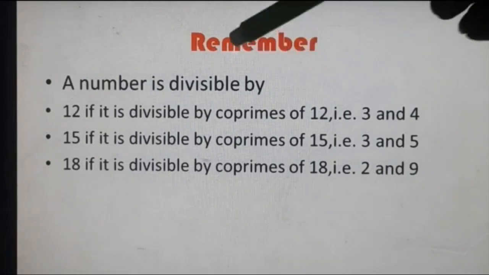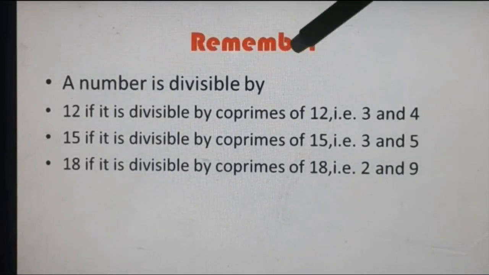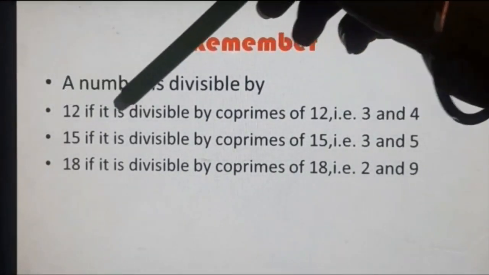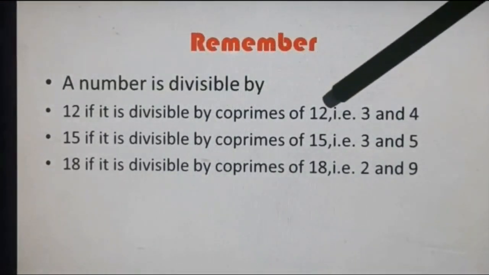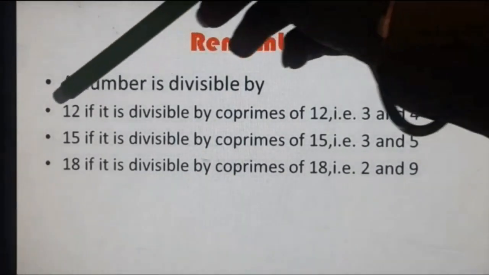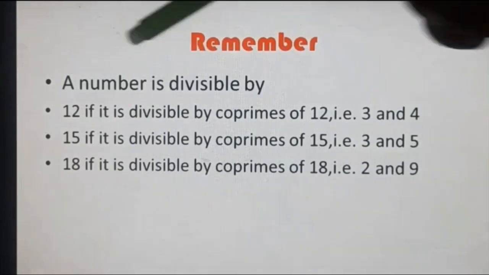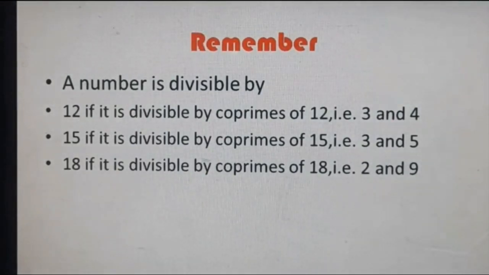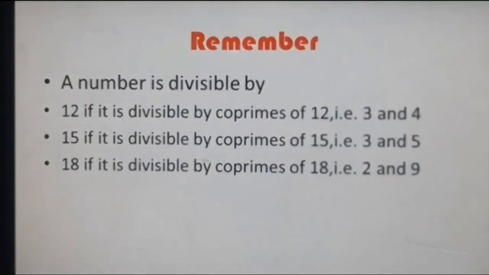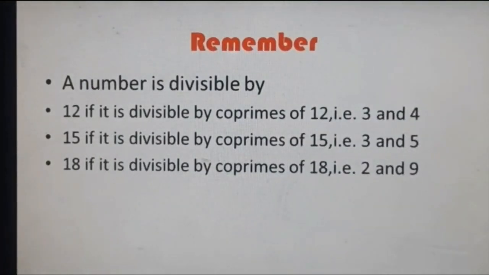Now you have to keep these things in your mind. A number is divisible by 12 if it is divisible by co-primes of 12, that is 3 and 4. Means if we want to check divisibility by 12, then we have to check divisibility by 3 and divisibility by 4, because 3 and 4 are co-primes.